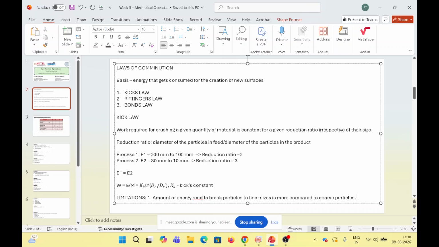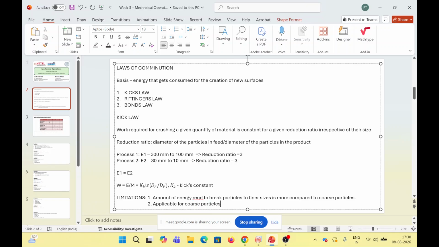So you can actually say that Kick's law is applicable only for coarse grain size particles. So this is its limitation.